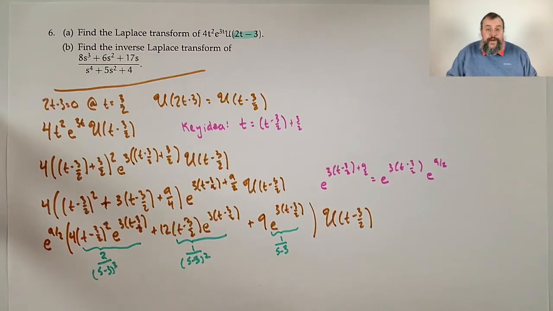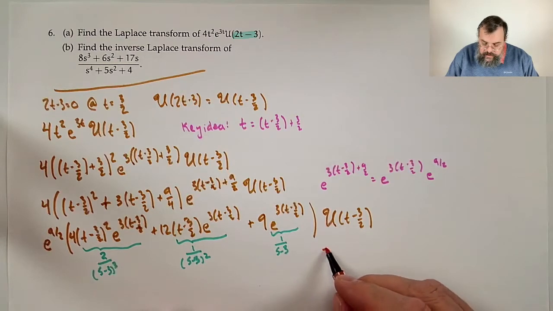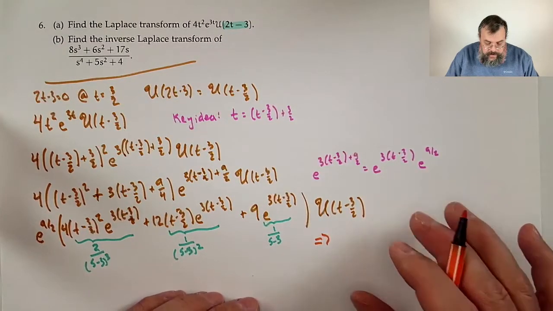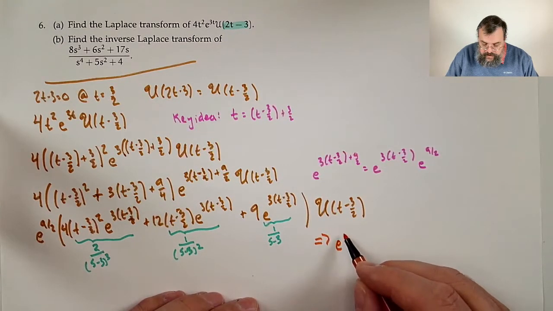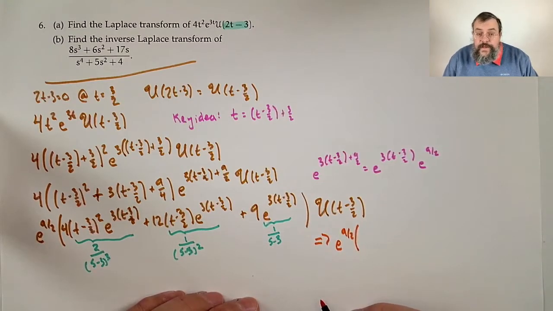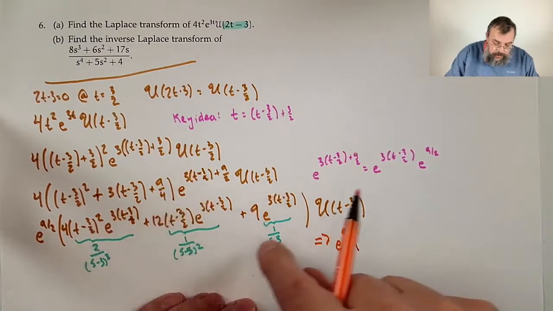All right, now we're ready. We've done our work with our pre-processing. So what does this go to? Well, it goes to the following. We have our e to the 9/2, which is our constant. And constants just do what constants normally do. And then we say, okay, what happens to the inside?